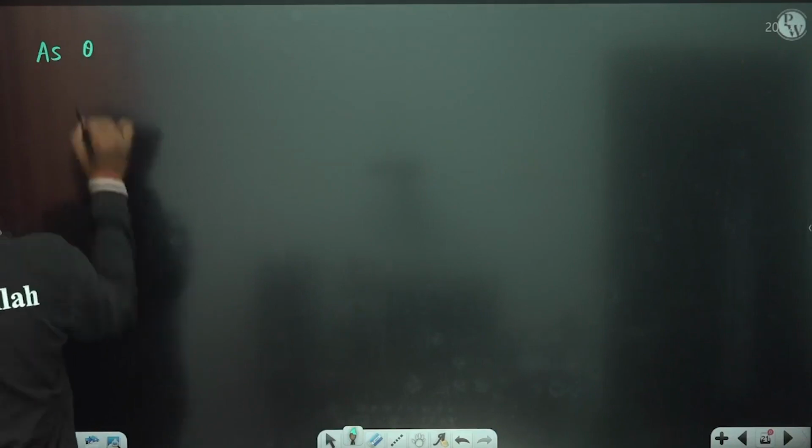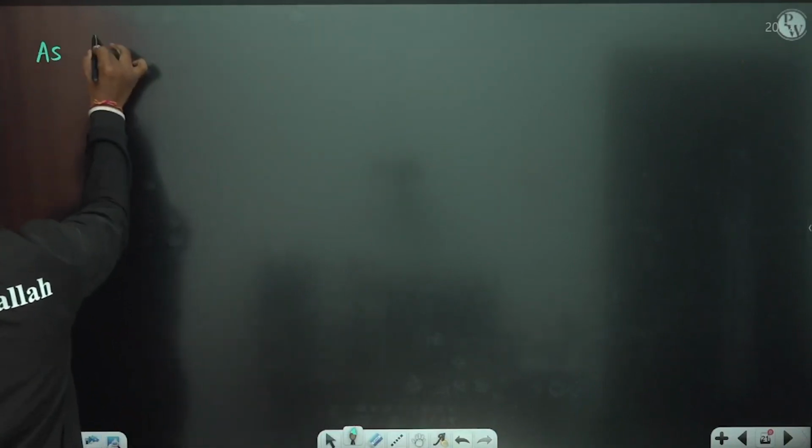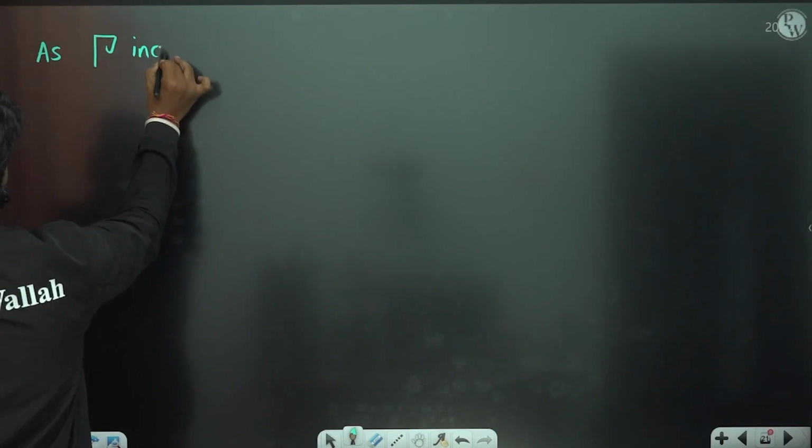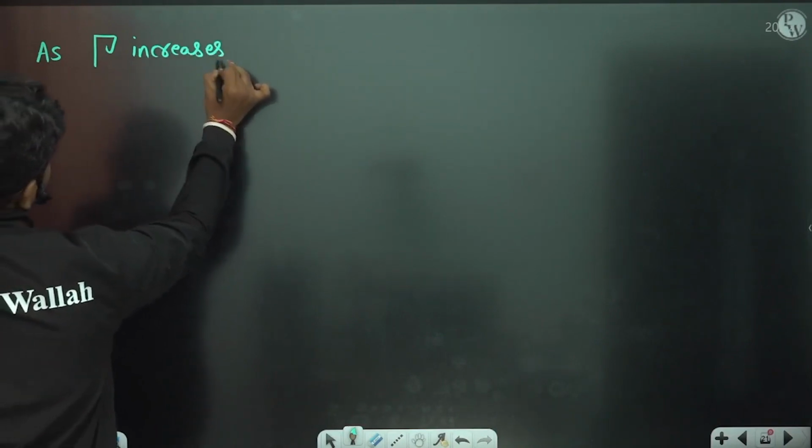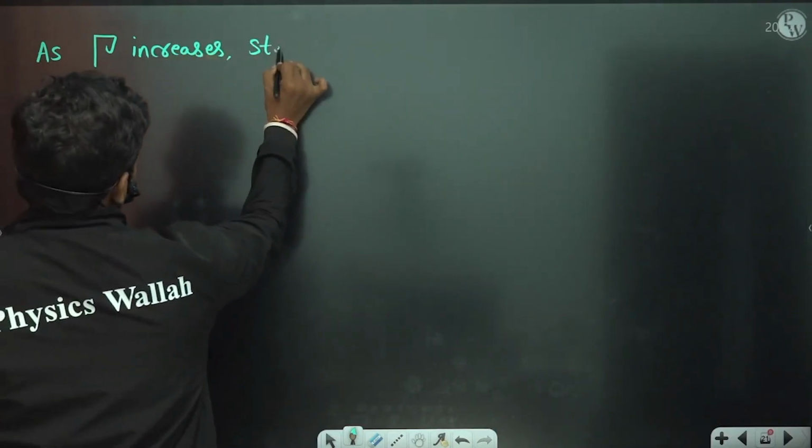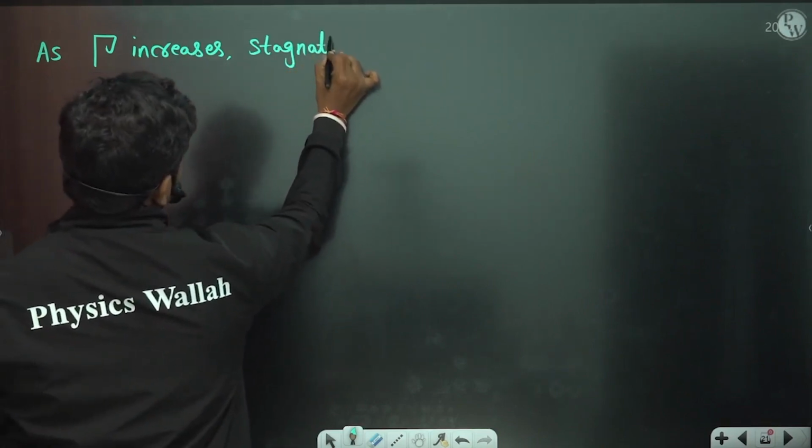So as theta increases or as circulation increases, the stagnation points come close to each other.